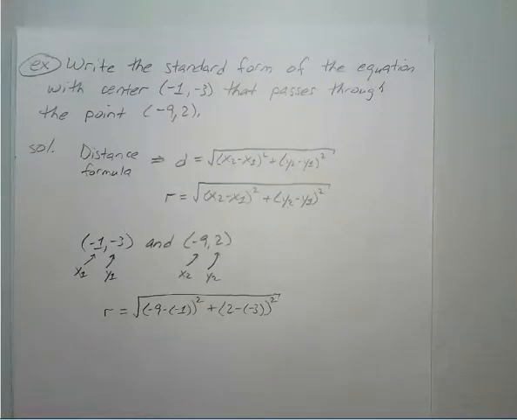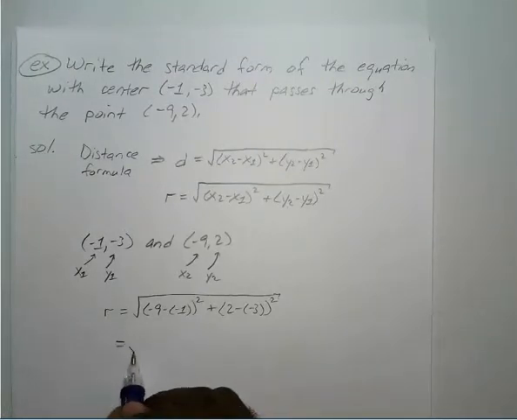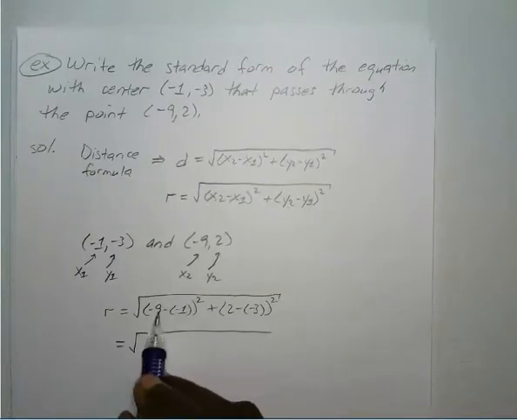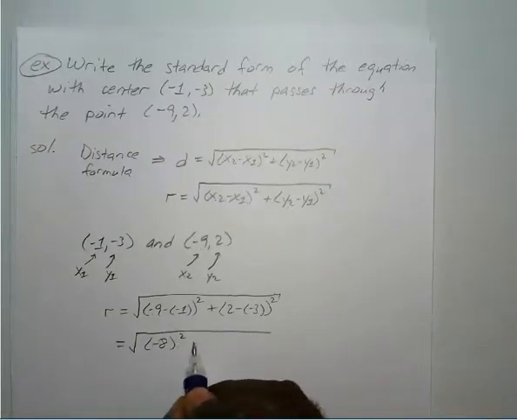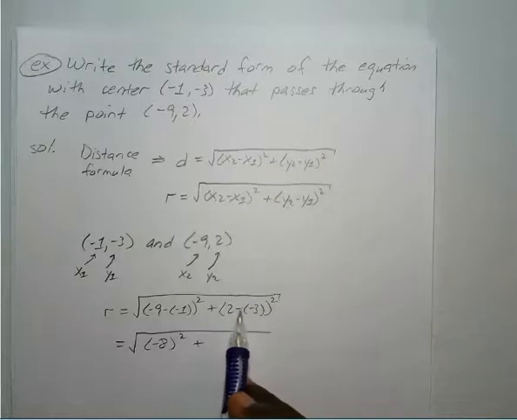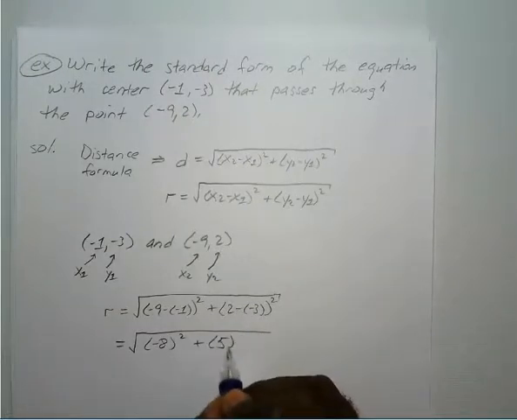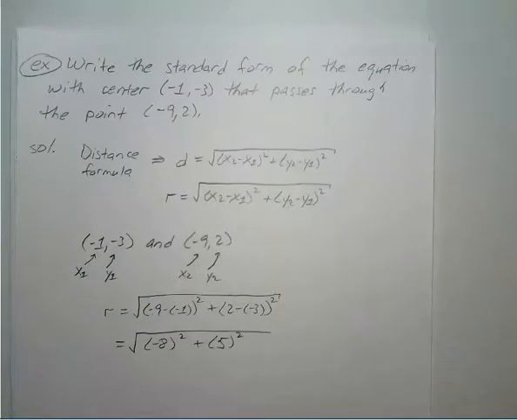All right. So if we go ahead and simplify those, that's the square root. -9 minus negative is plus, so -9 plus 1 is -8, so that's -8 squared plus minus negative is plus, so 2 plus 3 is 5, so that's 5 squared.